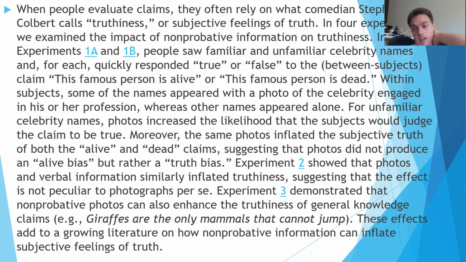So the example I gave, when you show people giraffes are the only mammals and you show them a picture of a giraffe, it's non-probative in the sense that it's not really suggesting in any way that giraffes can't jump. It's just a picture of a giraffe. That's what they mean by non-probative. It's not really suggestive. It's just a photo.